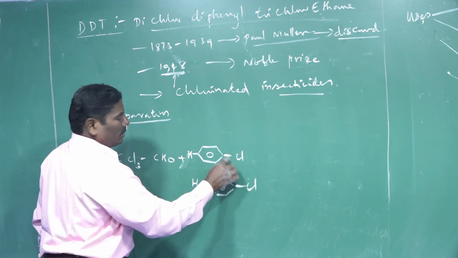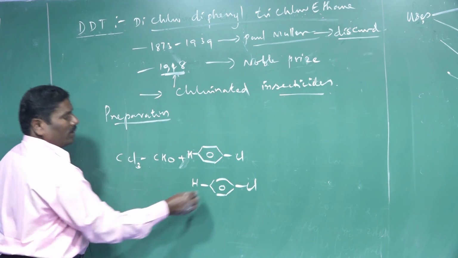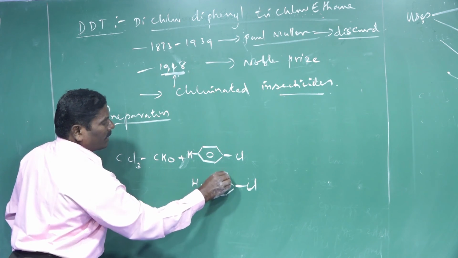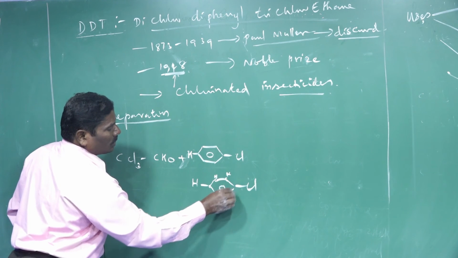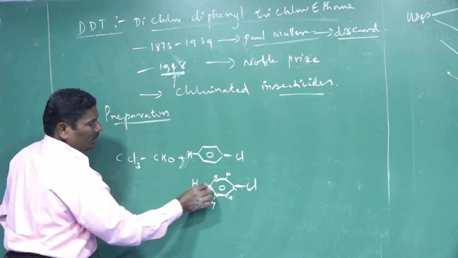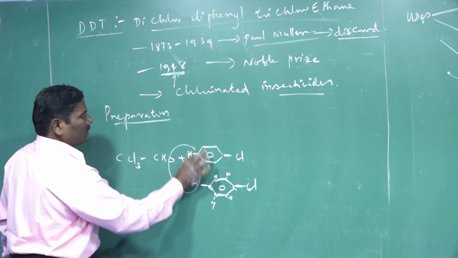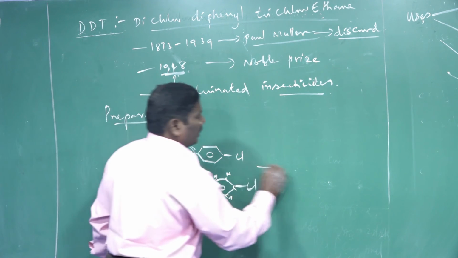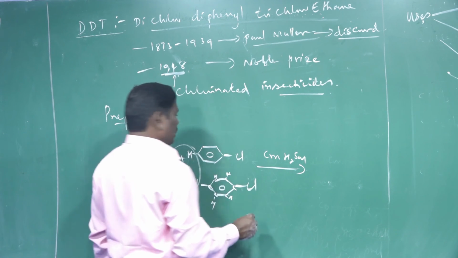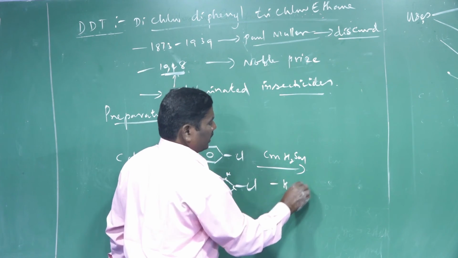This is chlorine, this is benzene, so chlorobenzene. The benzene ring contains CH, CH, CH, C, CH. Here also C and H, these two hydrogens react with the oxygen in the presence of concentrated sulfuric acid. Now the product formed is called, that is minus H2O.